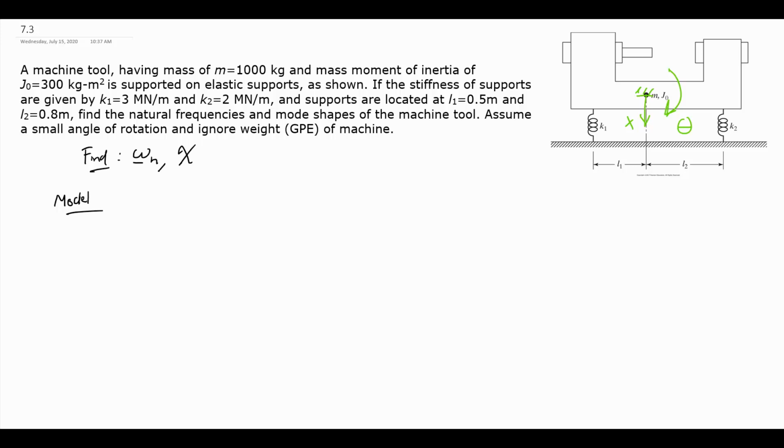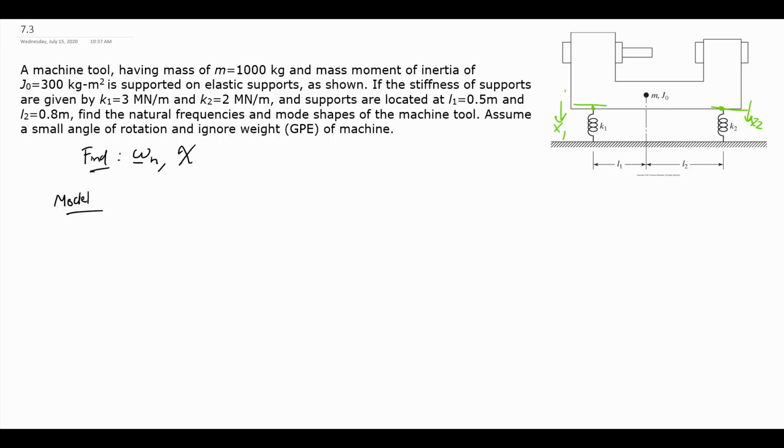Alternatively, we could choose two different degrees of freedom that describe the state of the system. We could track these two points and call this one x1 and this point x2. If we hold x2 still at 0, we can move x1 up or down. We can hold x1 still and move x2 up or down, and that also would fully describe the state of the system.